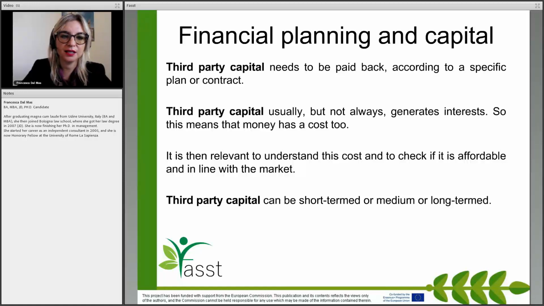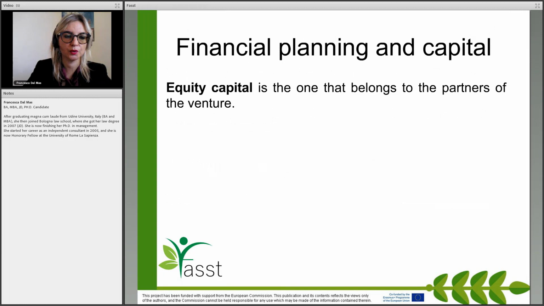This is particularly interesting and doable for social businesses because there are institutions, even public ones, willing to lend money at a very reasonable cost to help this business grow. Third-party capital can be short-term or medium-long-term, depending on what the company needs, and we'll see this very soon.